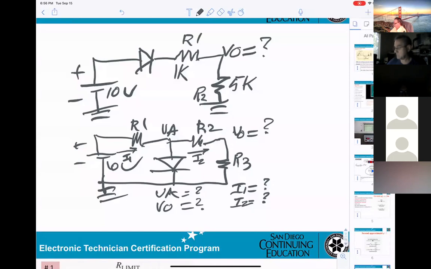The diodes are forward biased. Mr. Pham, for the second circuit, what is the value of R1, R2, and R3? Okay. Thank you.